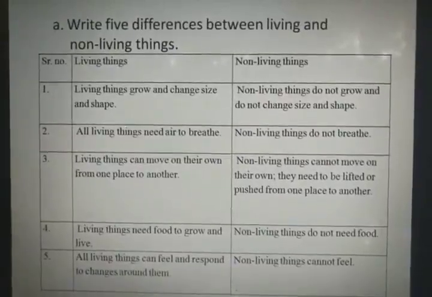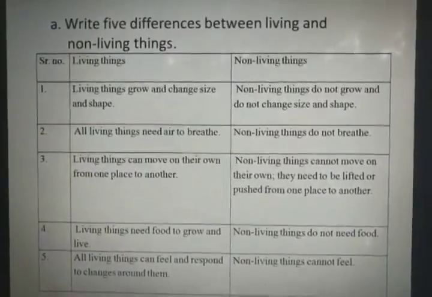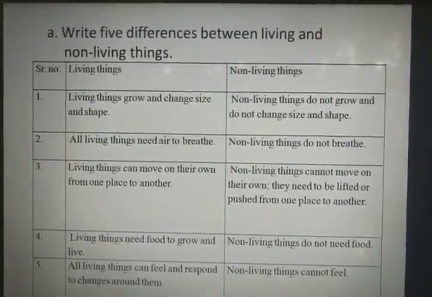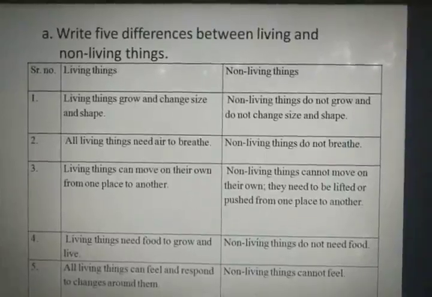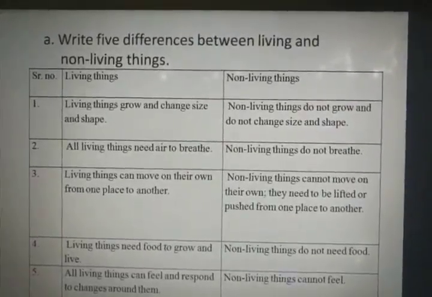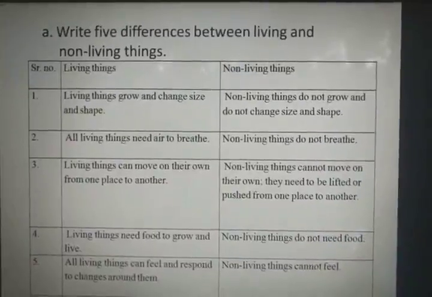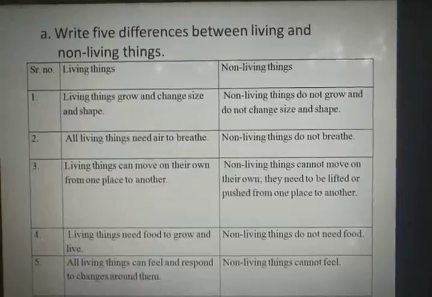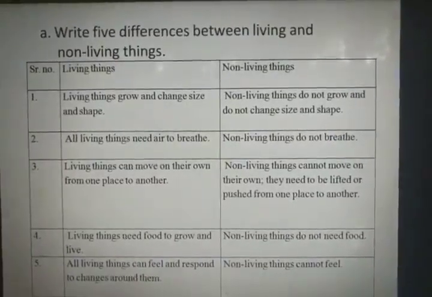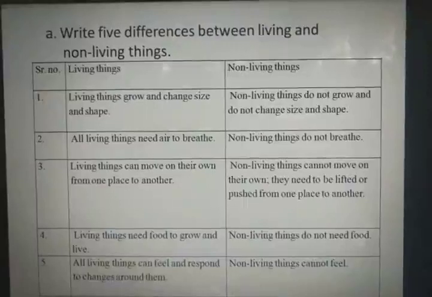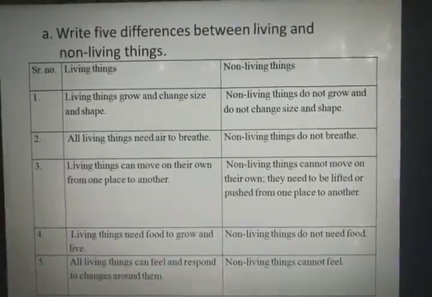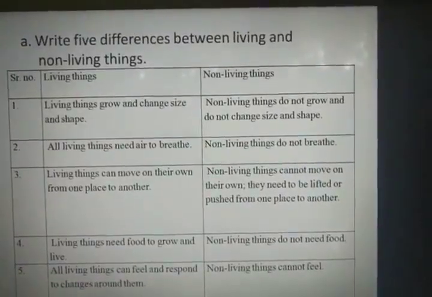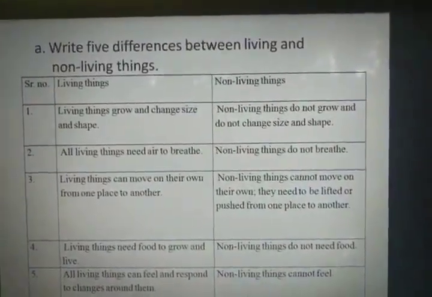Here is the answer of question A. Write 5 differences between living and non-living things. Children, while writing differences between, you need to draw a table with 2 columns. Now, when we write the first difference, we need to leave one common line that you have to follow thoroughly.